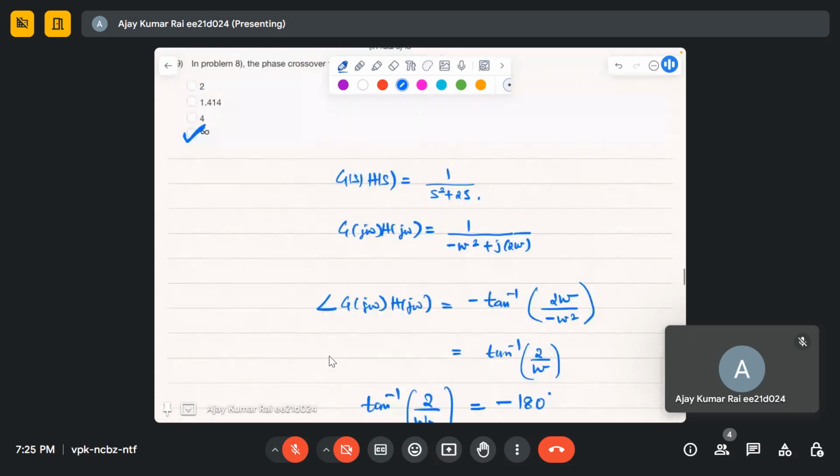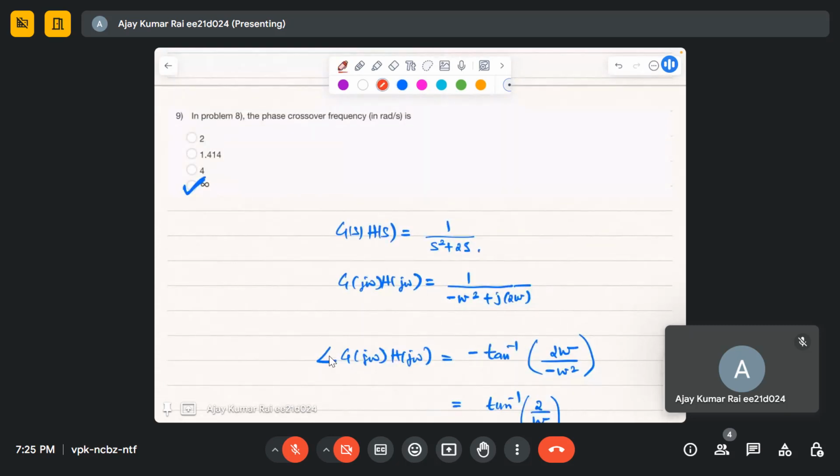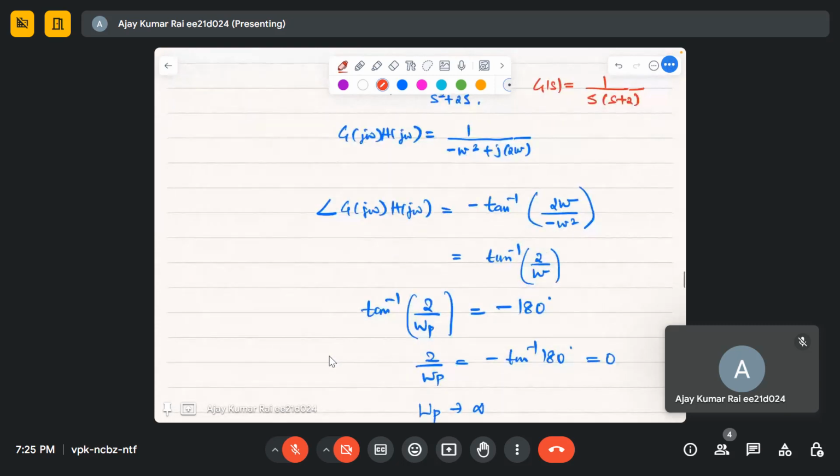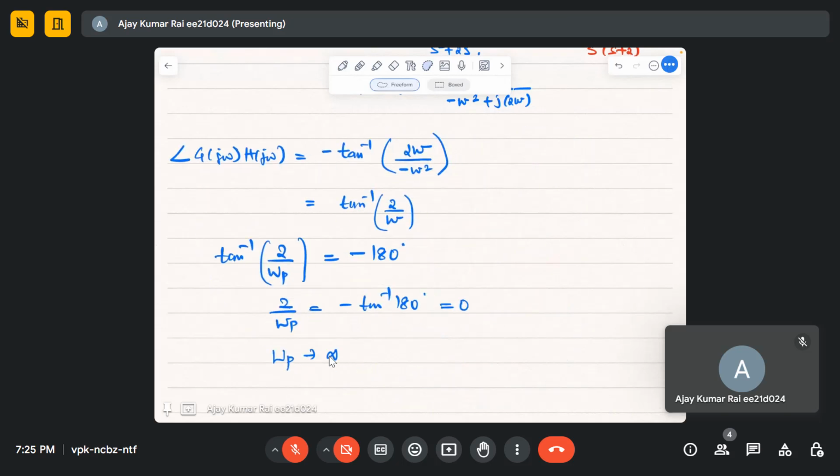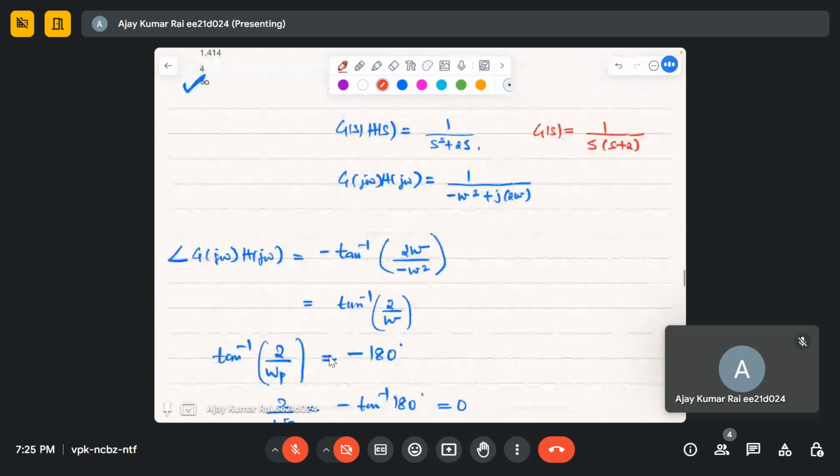What I could have done simply is write 1 by s into s plus 2. If you calculate the angle, it is very straightforward.